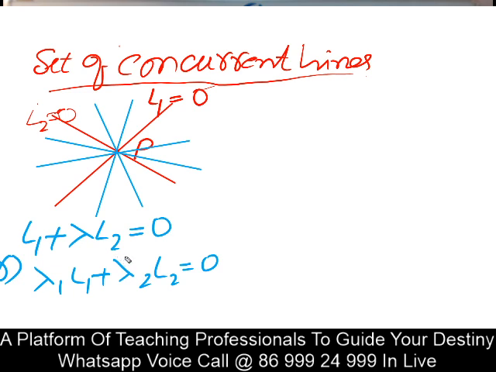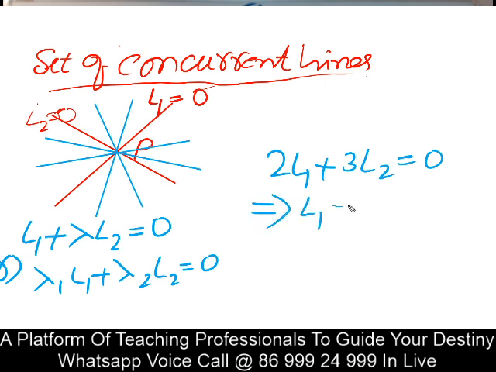Why are both the same? For example, 2 L1 plus 3 L2 equal to 0. I will divide it by 2. Then these are the same, and this is nothing but lambda.